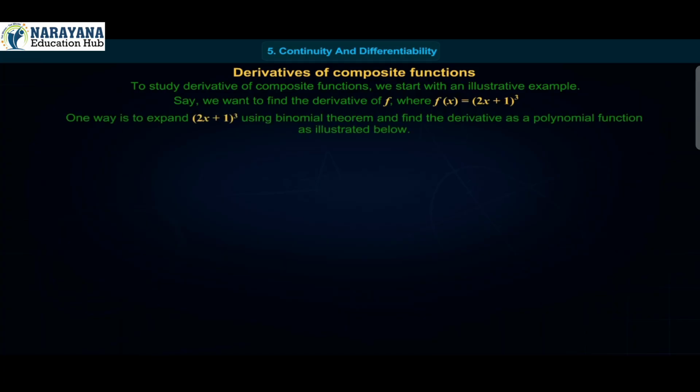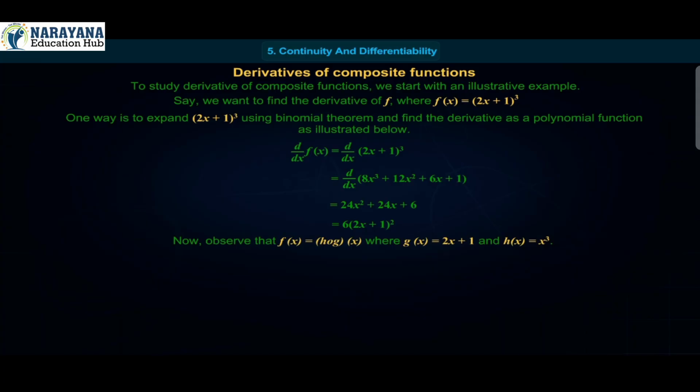One way is to expand (2x + 1)³ using the binomial theorem and find the derivative as a polynomial function, as illustrated below. d/dx f(x) = d/dx (2x + 1)³ = d/dx (8x³ + 12x² + 6x + 1) = 24x² + 24x + 6 = 6(2x + 1)².